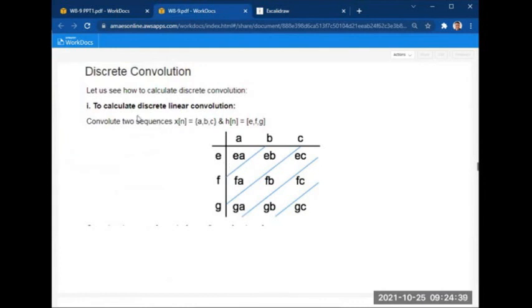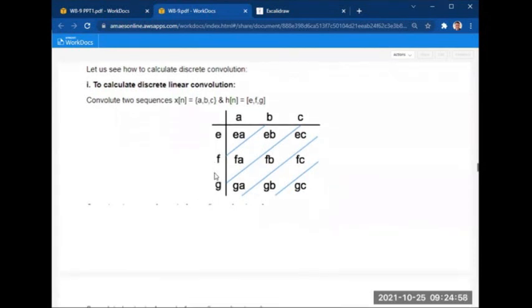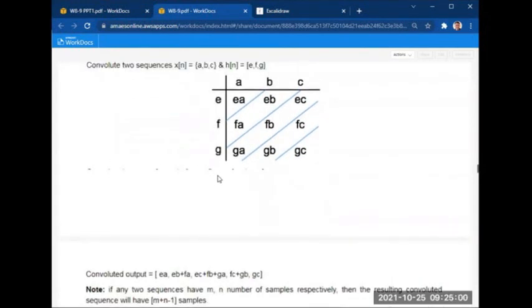Here, for example, we have two signals: x of n with A, B, C as the impulse signals, and h of n with E, F, G as its impulse signals. What will happen here is we make a table. Either of them will do: we can do x of n on top and h of n on the vertical, or h of n on the horizontal and x of n on the vertical.